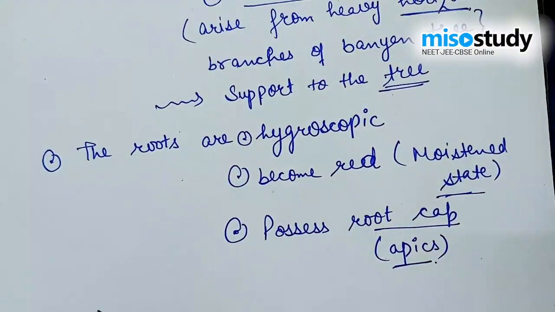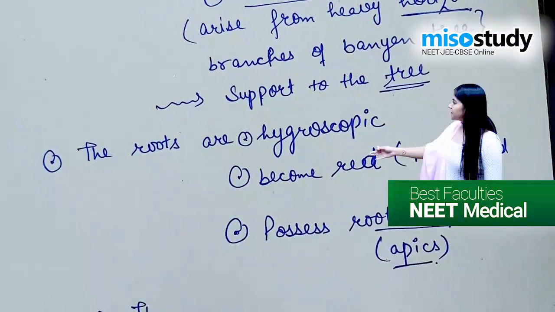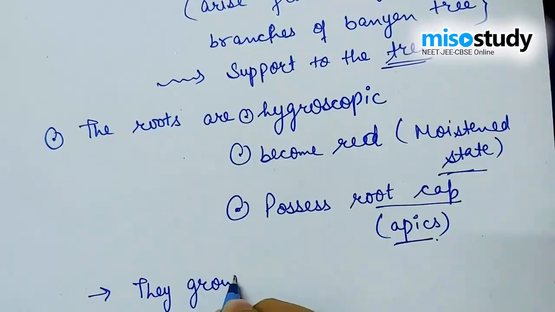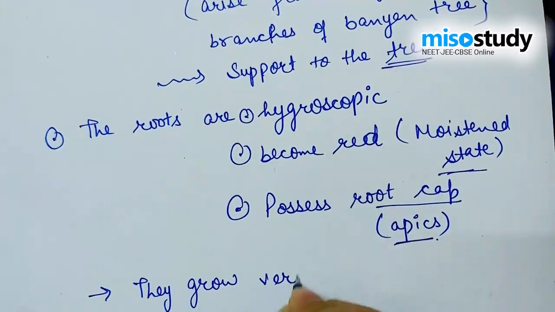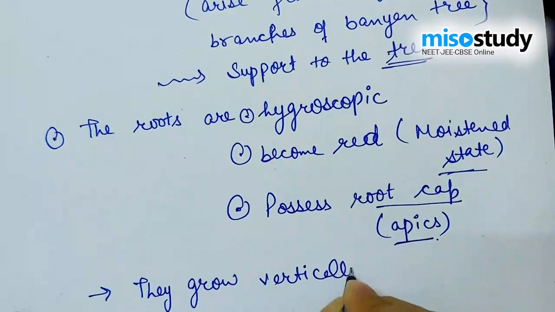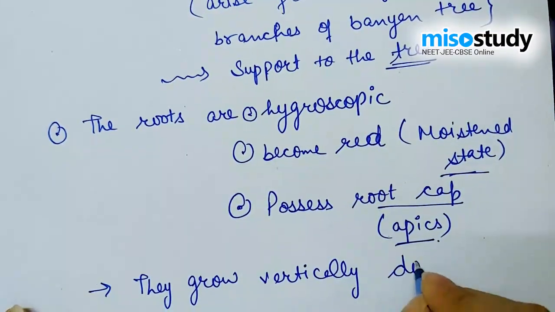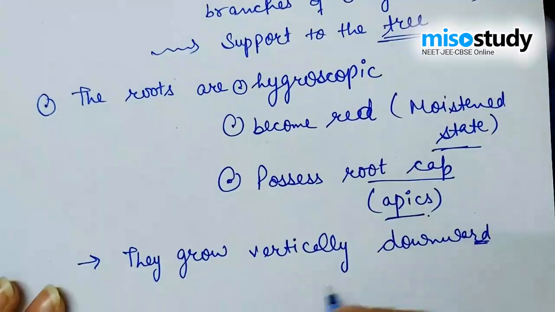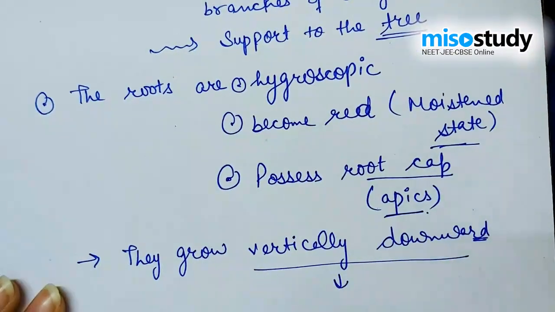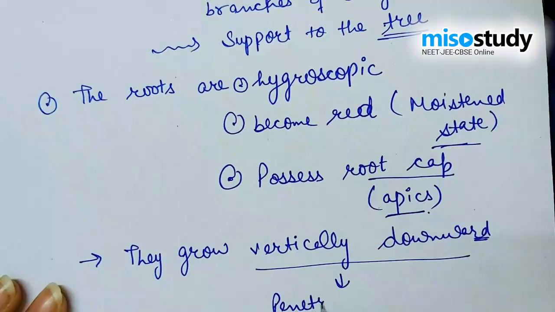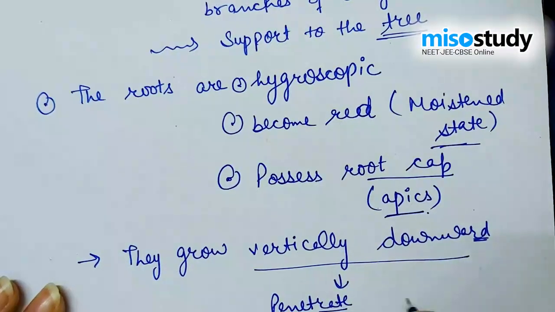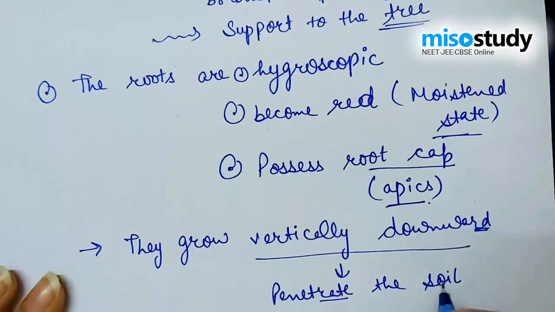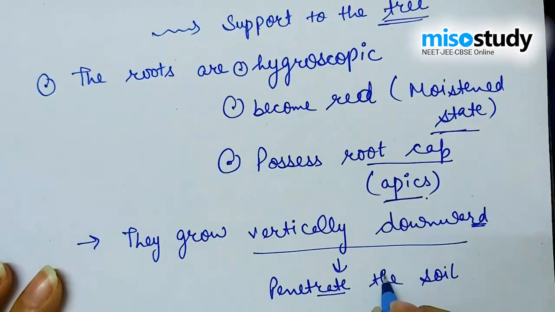After growing horizontally, the roots grow vertically downward and penetrate the soil.